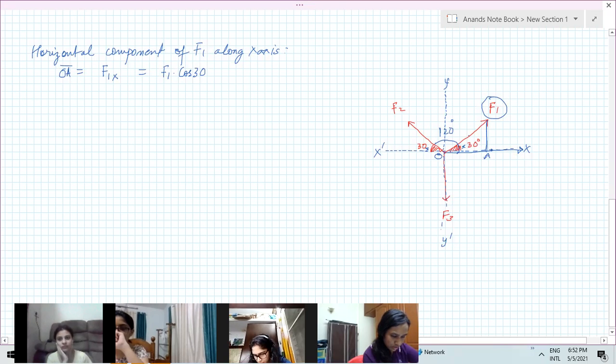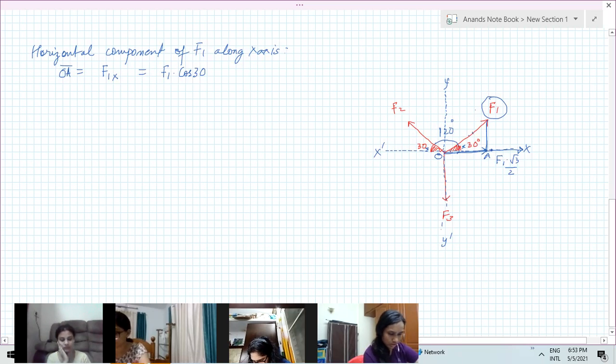This is the force, this is the axis onto which you want to resolve F1, so just take cos of that angle. So F1 cos 30, you will get OA. What is cos 30 again? Root 3 by 2. So this will be root 3 F1 by 2.